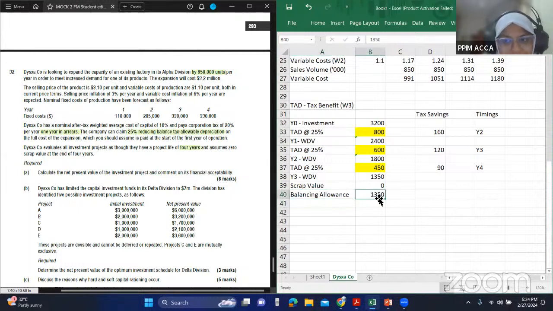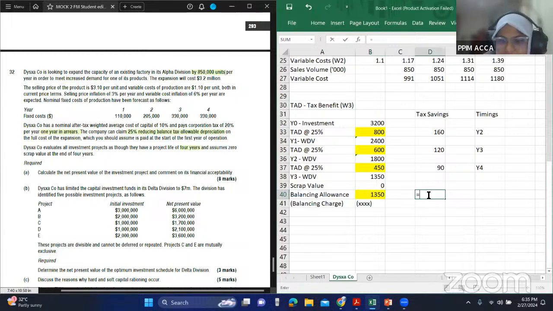Suppose it was a negative figure, then it will be called a balancing charge. Okay, so I'll just put it here. If this was a negative figure, it will be called a balancing charge. So in this case, it's a balancing allowance. Now, on this balancing allowance or charge also, you will have to calculate a tax savings.